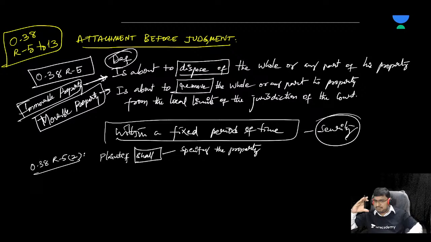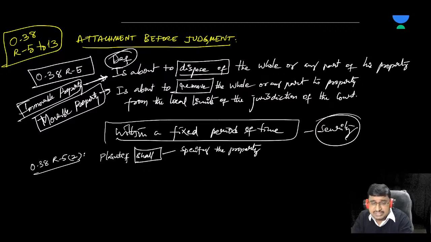The specific particulars of the property must be specified by the plaintiff. It is the duty of the plaintiff to specify the particulars of the property that belongs to the defendant. He is none other than the person whose property has to be attached.